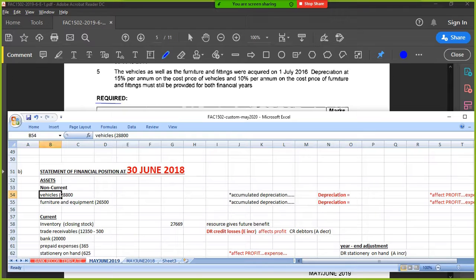Okay, so vehicles. 28.8 times. What is the rate? 15%. Next. Furniture and equipment. 26.5. What is the rate? 10%. Let's work out an answer for those two.